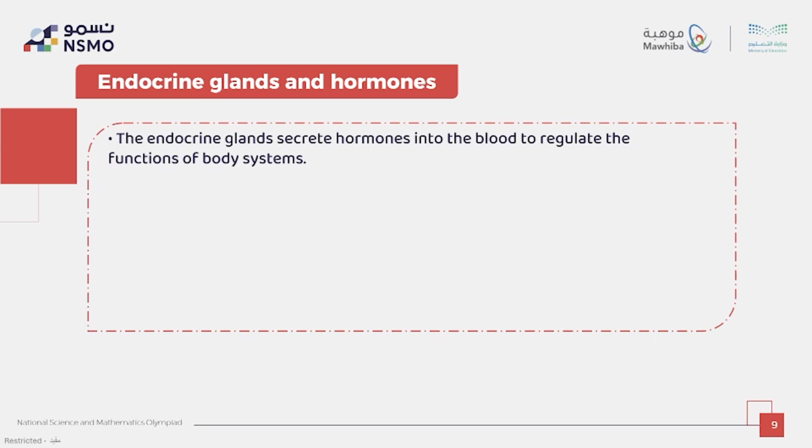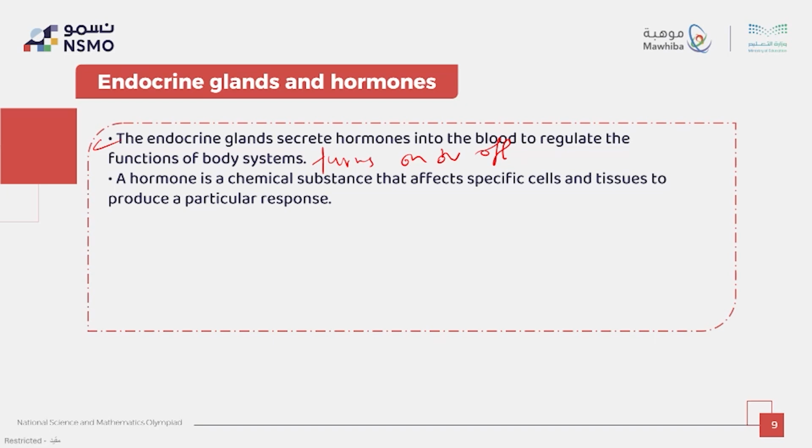That's the first one. A hormone is a chemical. What does that mean? A hormone doesn't affect everything. It targets specific cells that are designed to respond to it.